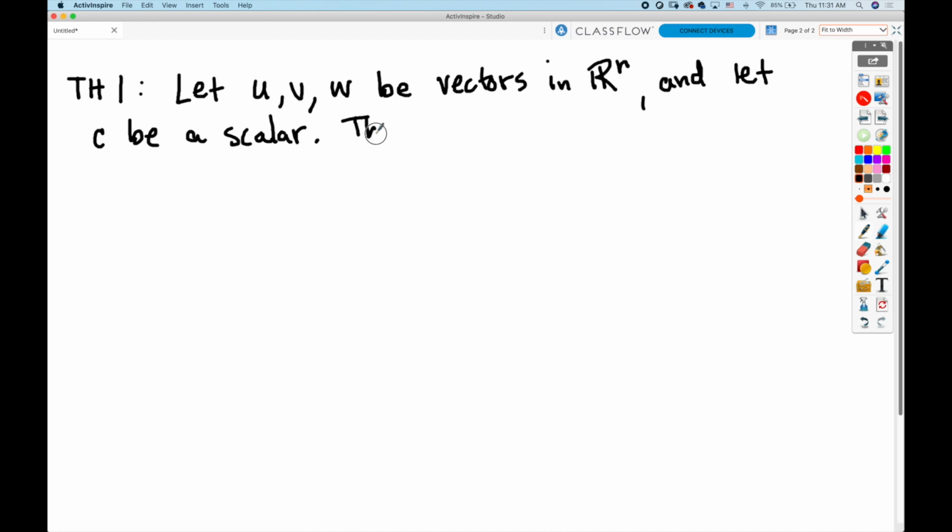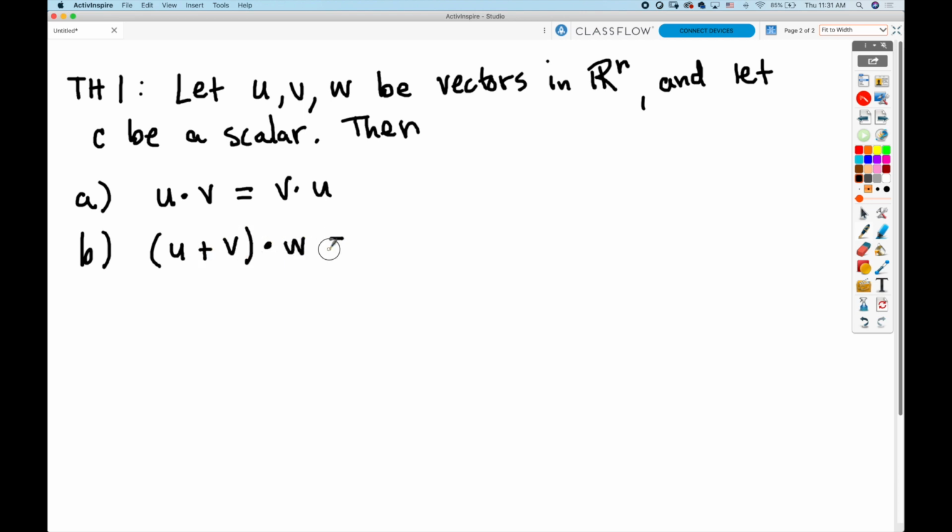Then we have the following properties. The first property says U dot V is equal to V dot U. Okay. Second property, U plus V dot W is equal to U dot W plus V dot W. So we have the distributive property.